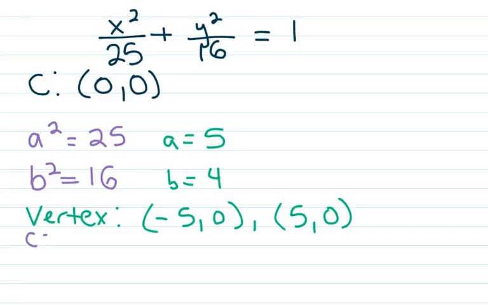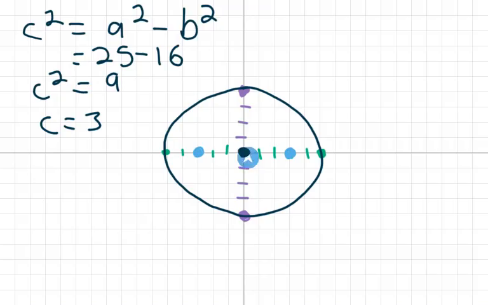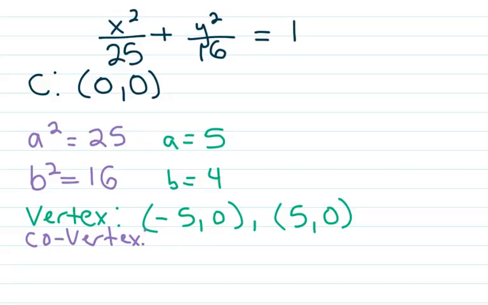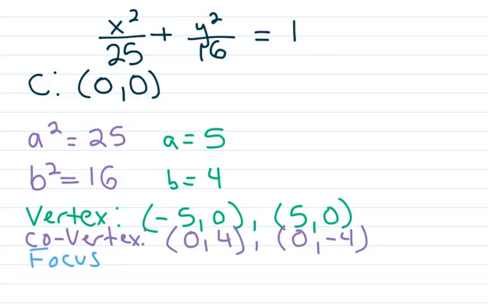All right, what about our co-vertices? 0, 4 and 0, negative 4. Might help if I put my color back on. And then my focus points are at the negative 3, 0 and the 3, 0.